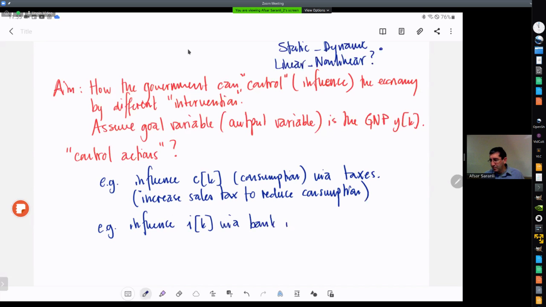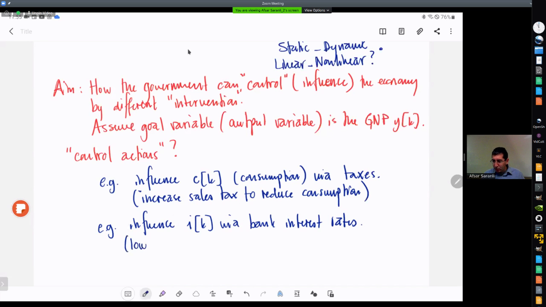If bank interest rates are higher, you are more inclined to save your money in the bank, because you feel like it's earning you more money as an individual. So you can influence savings by playing around with the interest rates.